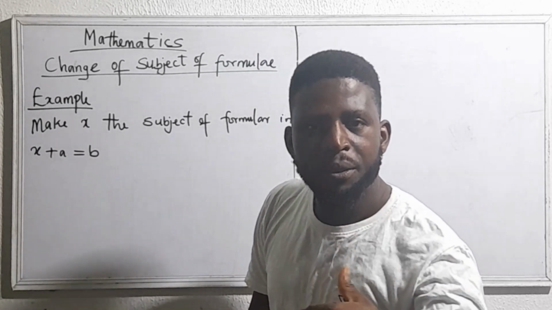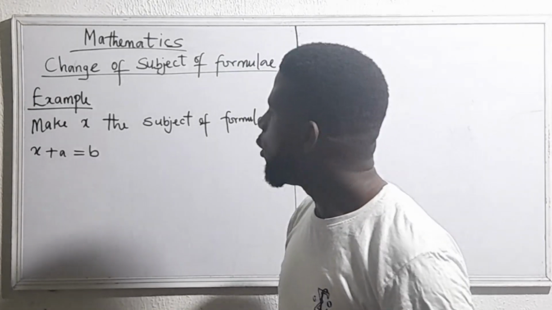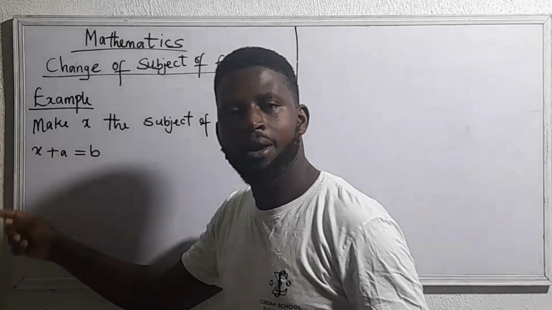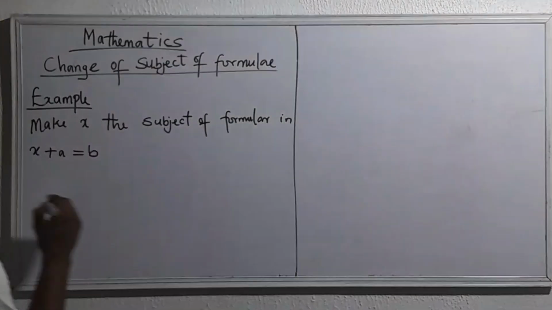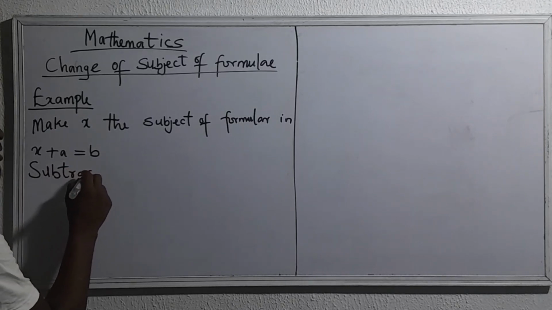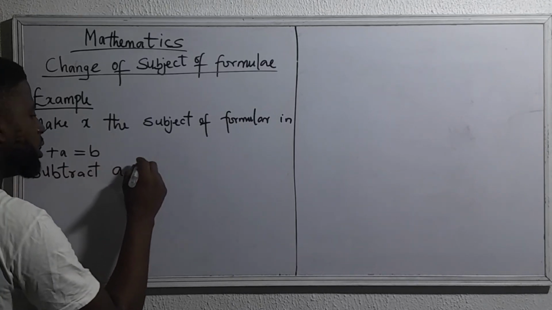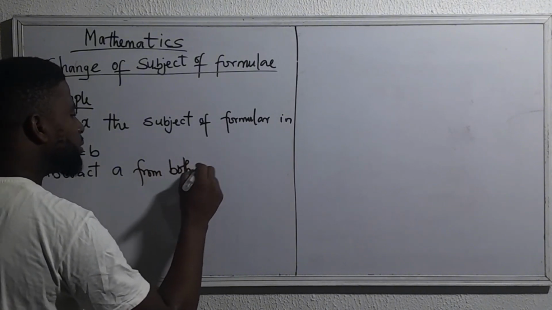But never forget the rule of equation that says whatever is done on one side must be done on the other side. So we subtract a from both sides.